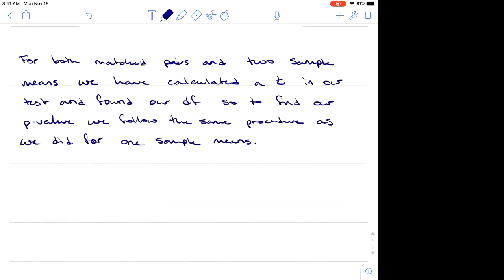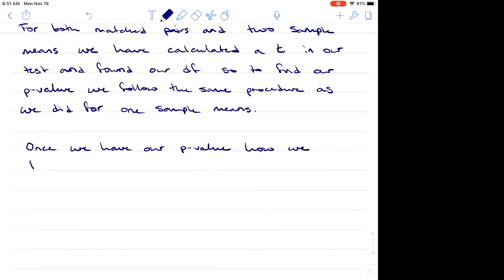Once we have our p-value, how we draw our conclusions stays the same.